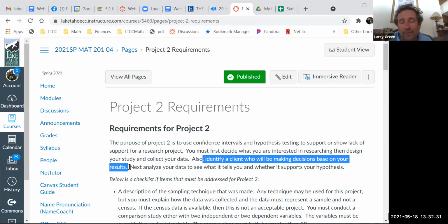For example, if you wanted to go and talk to Keep Tahoe Blue and compare the data from the last 10 years versus the data from the 10 years before that, so 2012 to 2021 compared to 2003 to 2012, and they sent you a spreadsheet with the Excel data, that's fine.